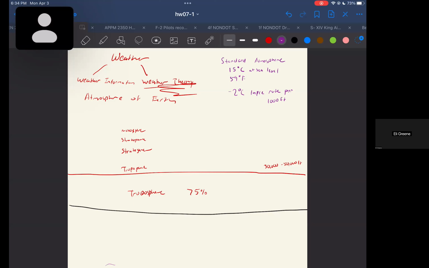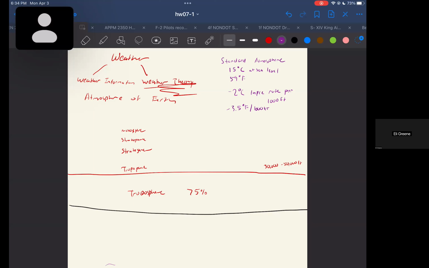That'd be a negative 2 degrees. And actually we'll also just throw in real quick, negative 3.5 degrees Fahrenheit per 1,000 feet. Essentially, this is just the FAA putting numbers to that idea of the troposphere. Like I said, as you go up in altitude, it's going to get colder, and this is the FAA defining that.